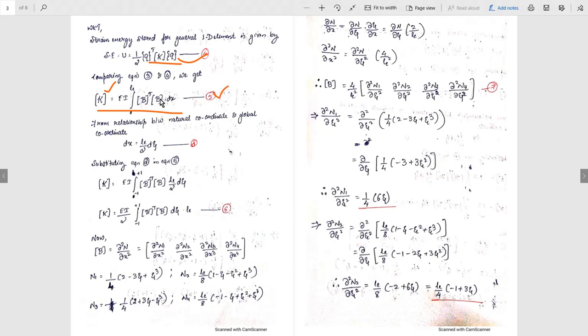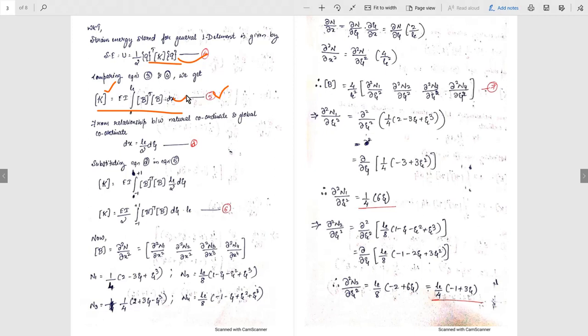We can directly use global coordinate shape functions for B and B transpose, then obtain the expression for stiffness matrix k, but using those terms will become tedious. In order to make the simplification easier, we'll use natural coordinate shape functions, that is Hermite shape functions.